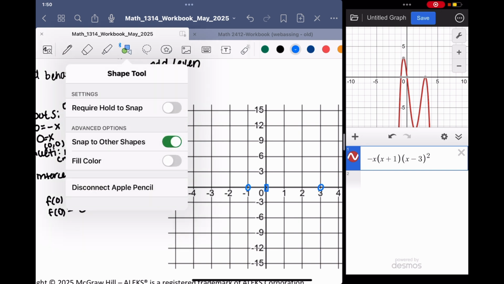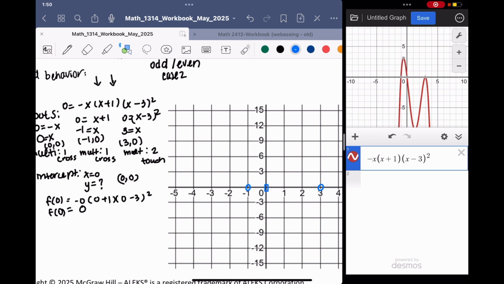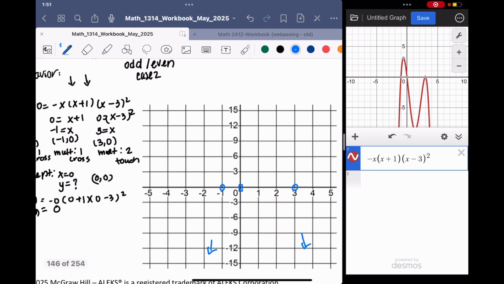And then we know our graph is going to go down somewhere here and somewhere here. We know that our graph goes through here. Let's try a different color. Down here, the graph goes through, it goes through, and then the graph bounces here.